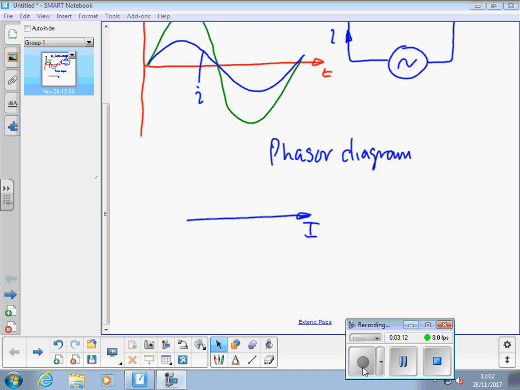Okay, the peak value, so this current at this height here, and the voltage waveform like so, in phase. So they're represented at 0 degrees on the circle, because that's 0 degrees when we go horizontal left to right.